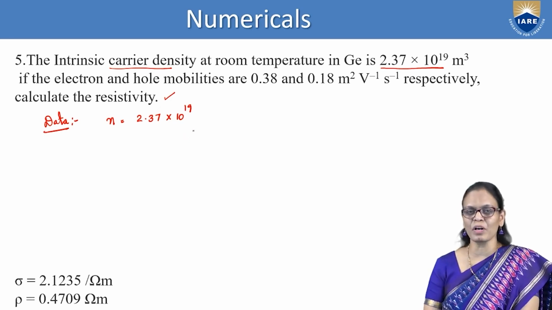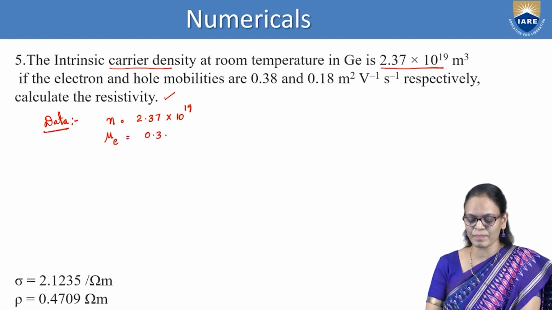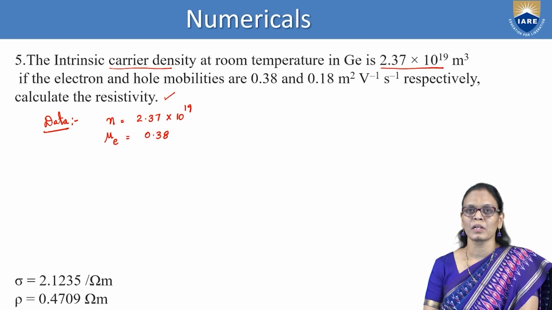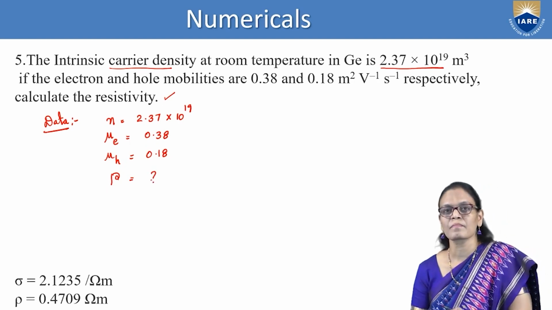Mobility of electron and hole. Mobility of electron is 0.38. Then mobility of hole is 0.18. We have to calculate the resistivity, rho.